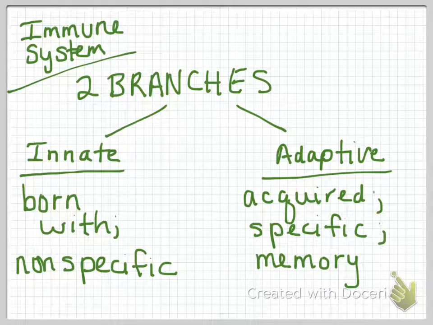The adaptive branch of our immune system is acquired, and that means that it's based upon our exposures to infectious agents throughout our lives. Another interesting thing about it is that it is specific.